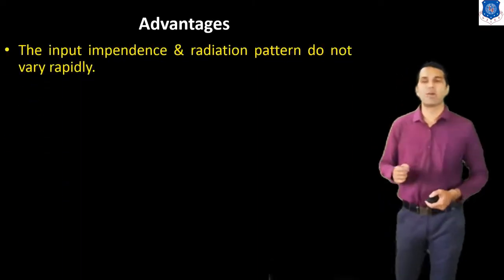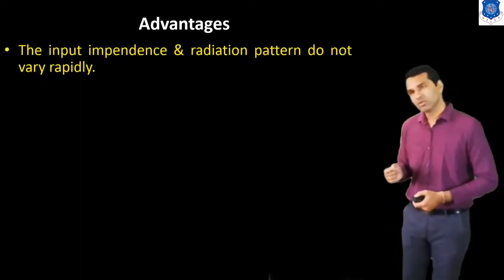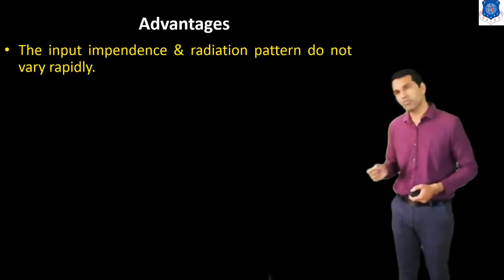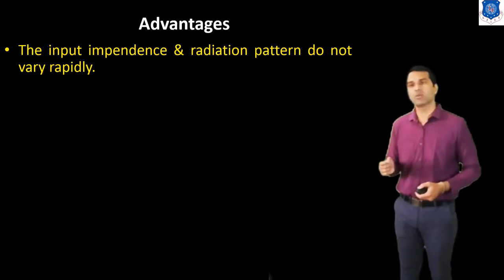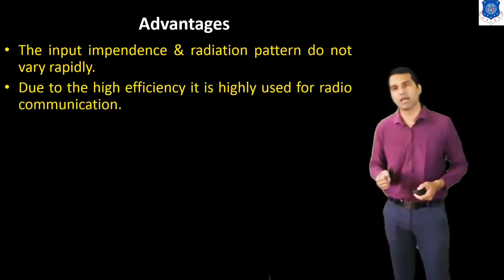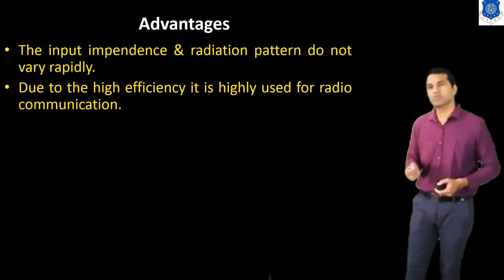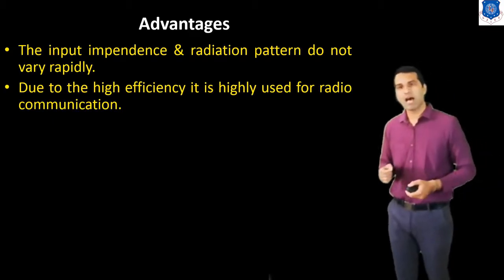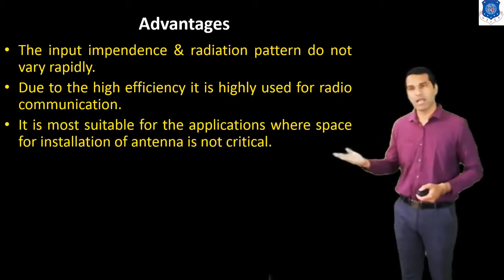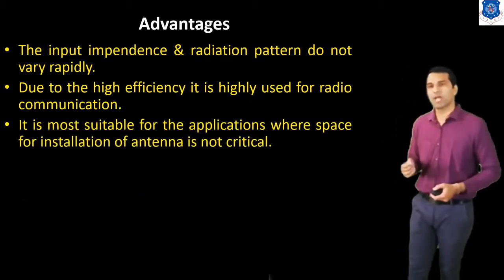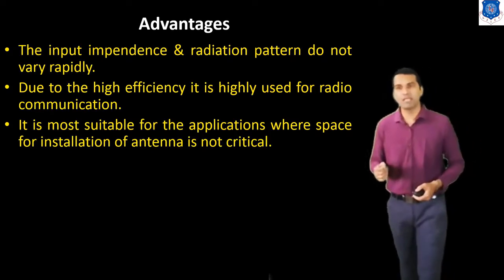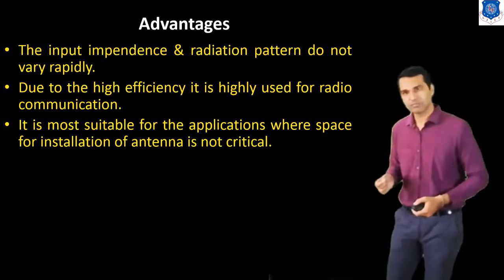Now we discuss the advantages of this antenna. The first advantage is that the input impedance and the radiation pattern do not vary rapidly. This is the main advantage of this antenna. The second is that, due to its high efficiency, it is highly used for radio communication. Third, it is most suitable for applications where the space for installation of the antenna is not critical.